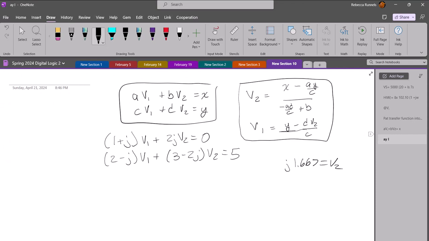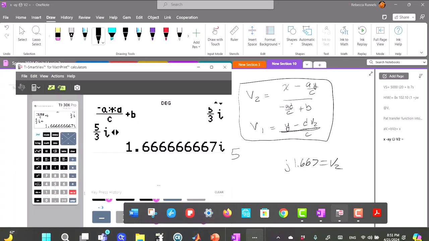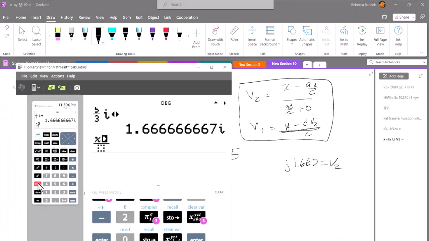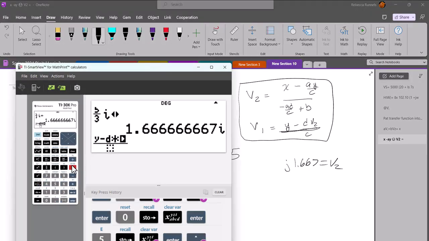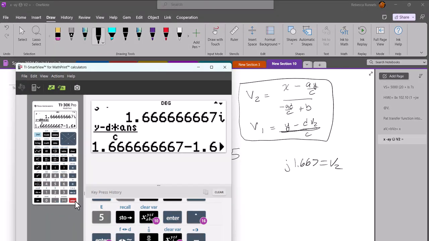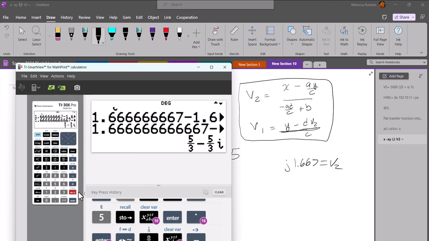This is all over C. So that would be Y minus D times the answer I just got, which is the second answer, over C. And I get 5/3 minus J 5/3.